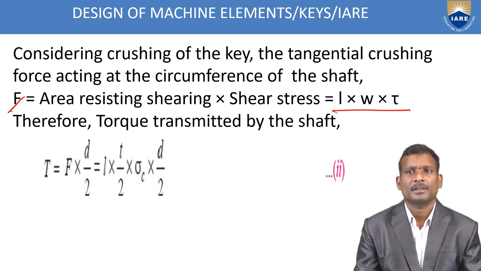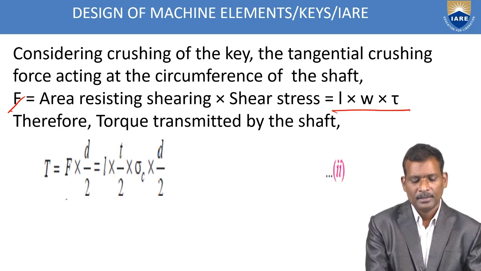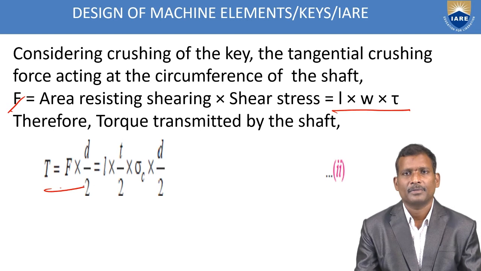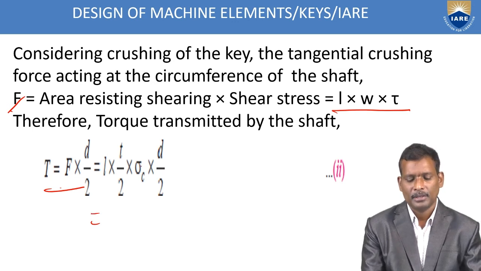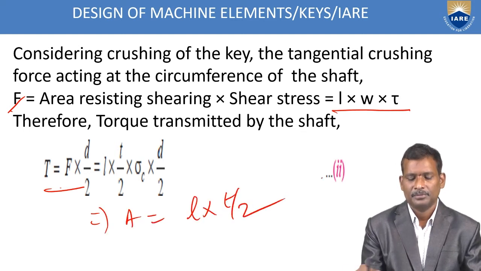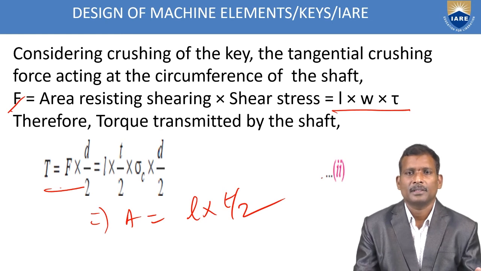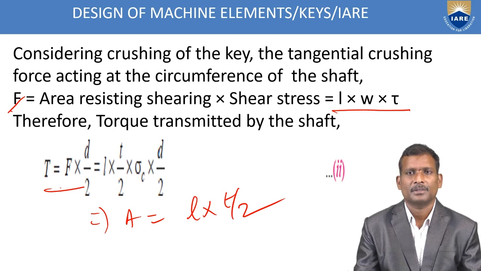Therefore, the torque transmitted by the shaft you can write as T is equal to F multiplied with D by 2, that is, L into T by 2 into sigma c into D by 2. Here the area is L into T by 2. Why? Because we are considering crushing, we take the length and the depth of the key, that is the thickness of the key.